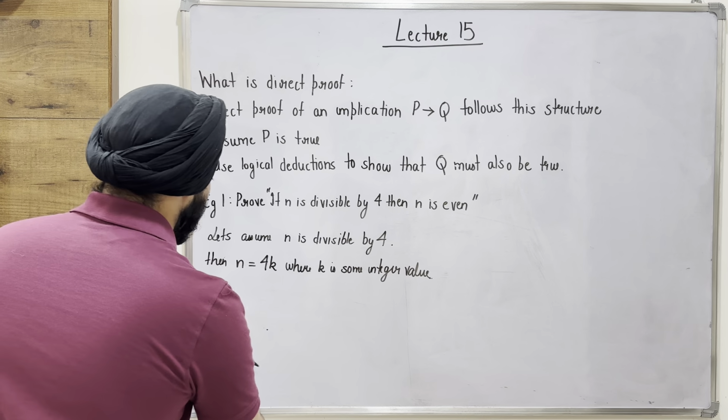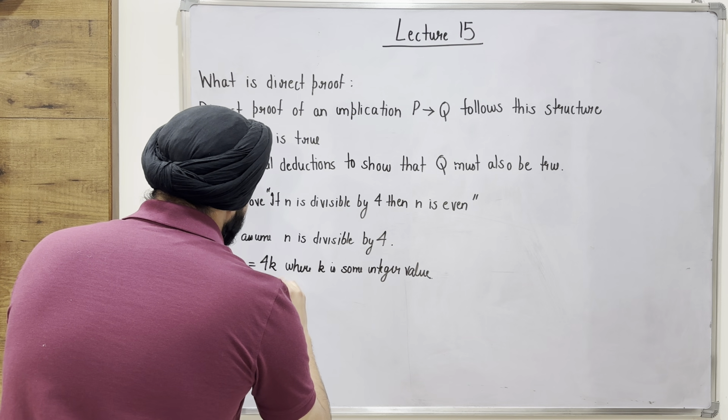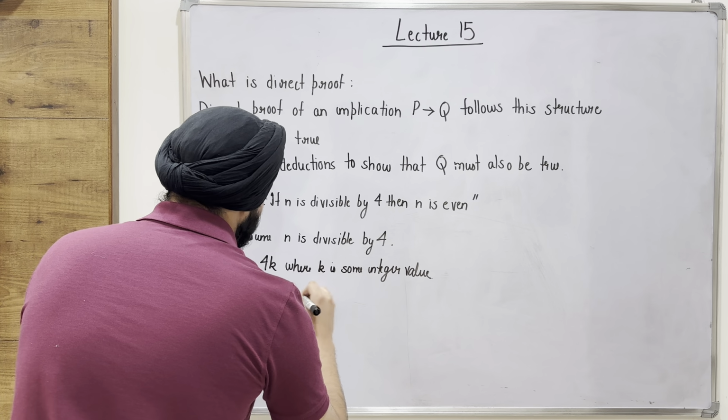So once again, to prove n is even, I'm just writing this down. You don't usually have to write this down in a proof; this is just for explanation purposes. To prove n is even, I need to show n is equal to 2 multiplied by, let's say, m.